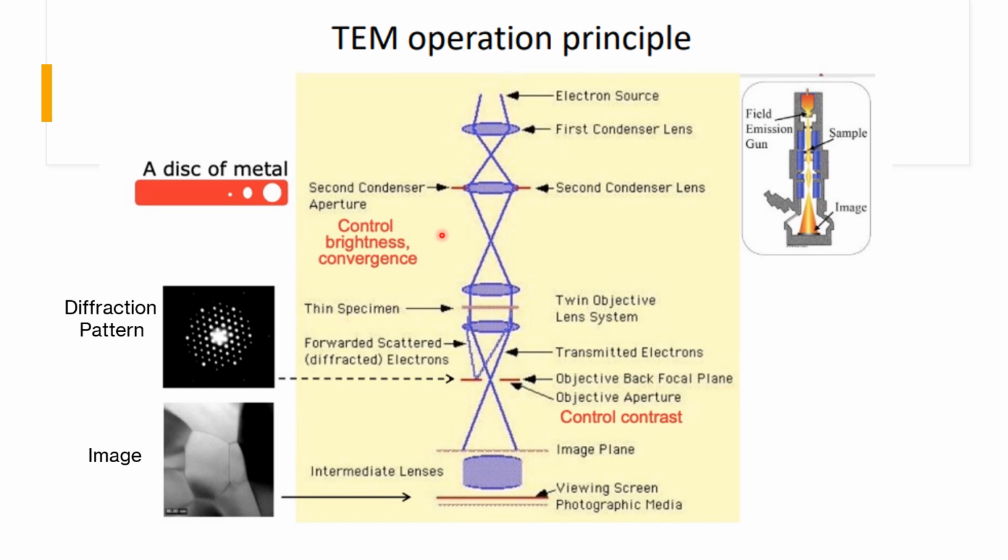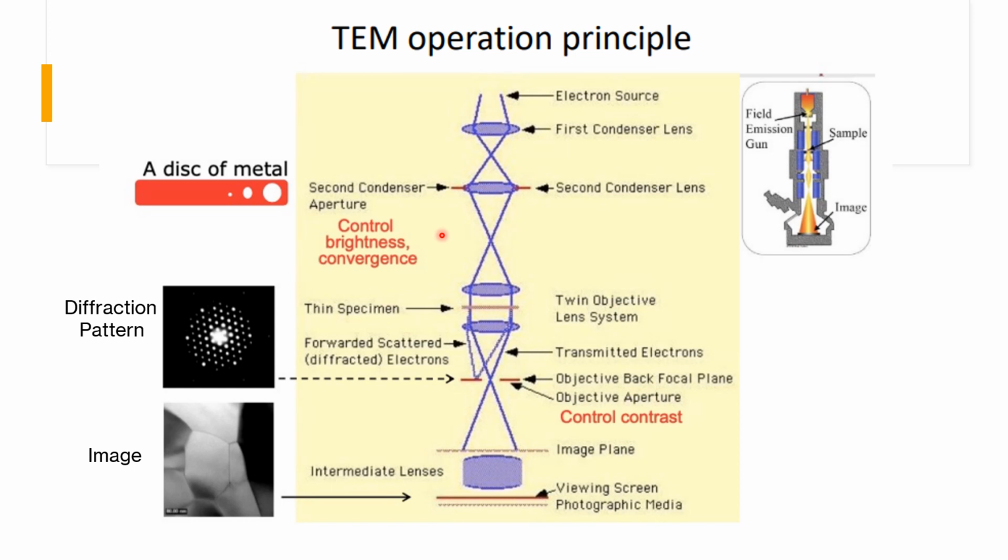This solenoid is connected to a current, and this current produces a magnetic field. And this magnetic field helps to deflect or direct the electrons for convergence or divergence.